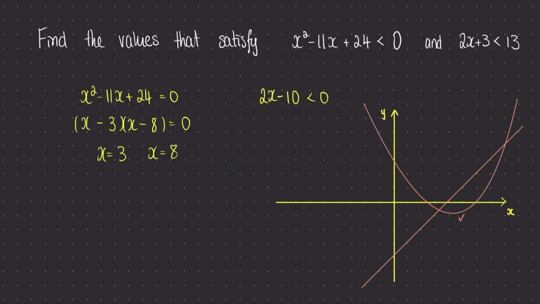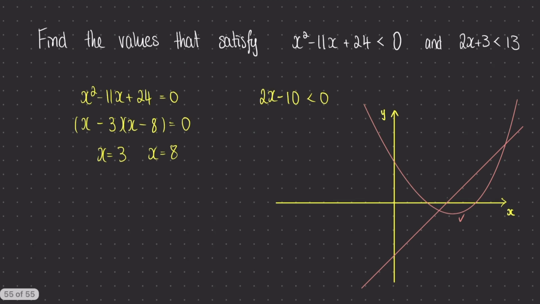For my linear inequality, I also need the section that is less than 0 as well. So we can see that that begins at this point here and extends downwards to the left. So the solutions that are going to satisfy both of these conditions are going to be between this point here and this point here. We just need to work out where they cross the axes.